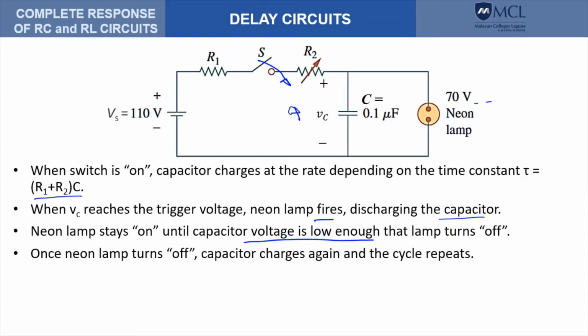Once the neon lamp turns off, the capacitor charges again, the voltage across it rises, and the cycle repeats.